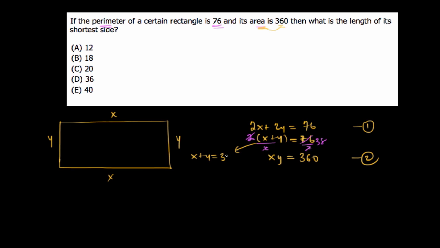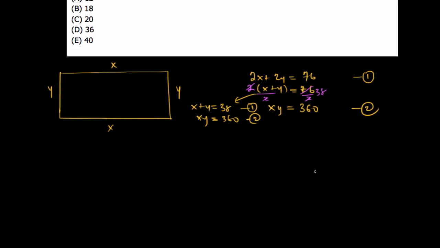So what you have is x plus y equals 38, and then you also have xy equal to 360. I'm just doing this to make things simpler. So let me call this equation 1 again, just for the sake of clarity, and equation 2. To solve this simultaneous equation, I'm going to start by picking equation 1.